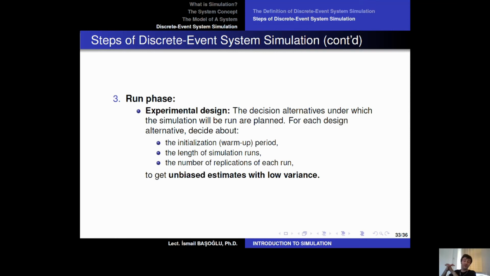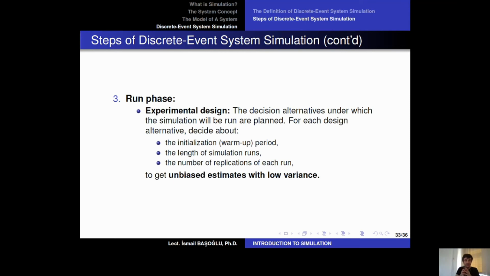We are also going to determine the length of our simulation runs, because the longer the simulation runs, the more statistical output you get, and with more statistical output, the estimates that you calculate are more reliable. The number of replications of each run is also important, in order to build narrower confidence intervals.